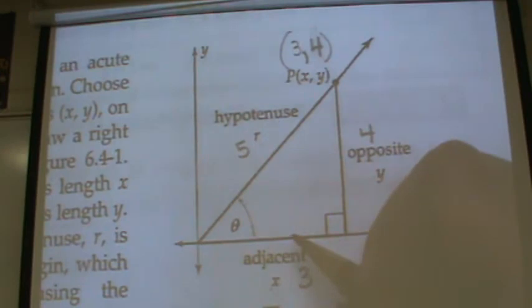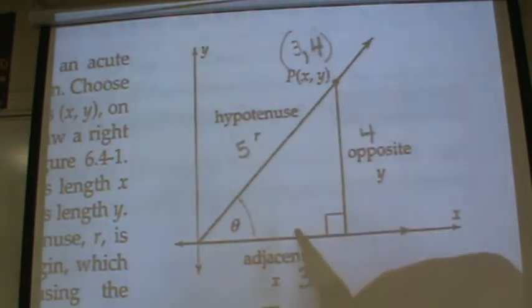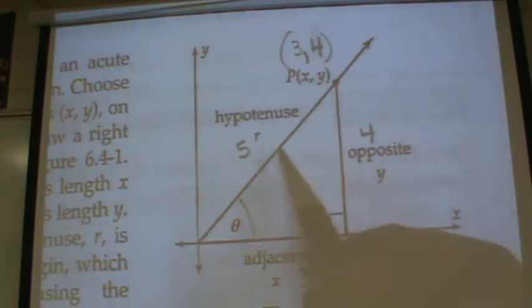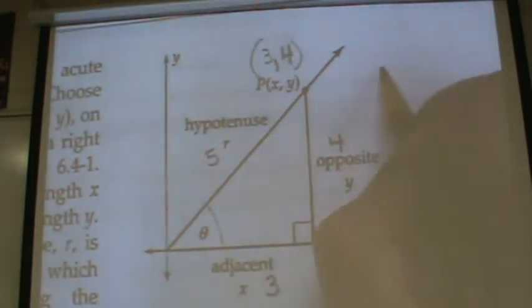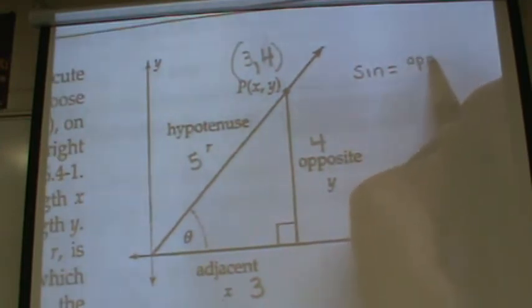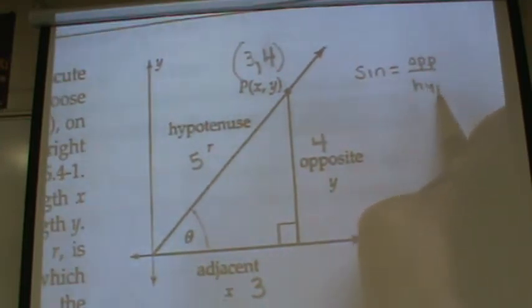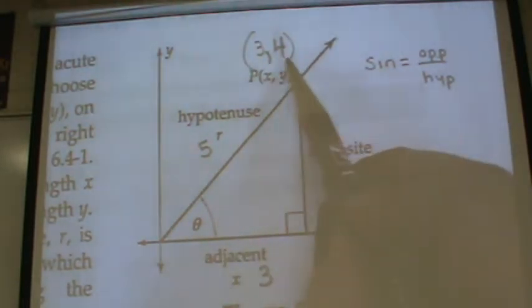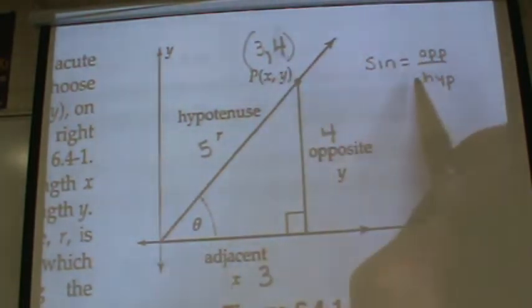What's the definition of sine? Sine is the side opposite over the hypotenuse, right? But the side opposite is the y value.